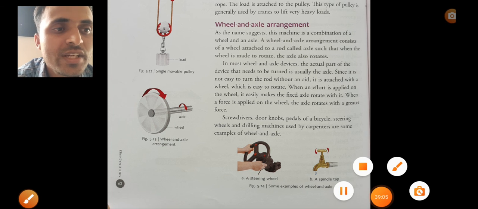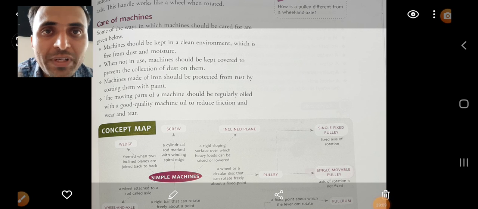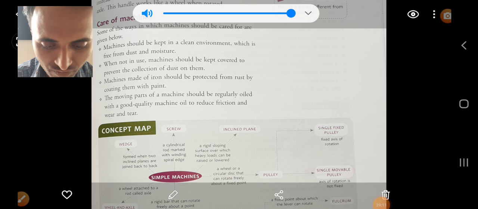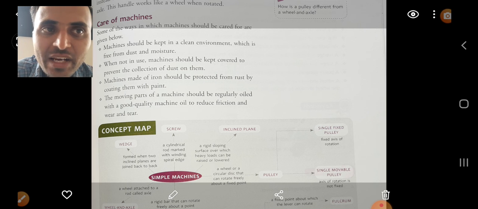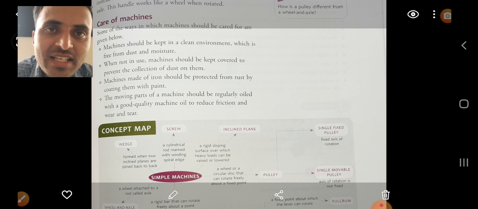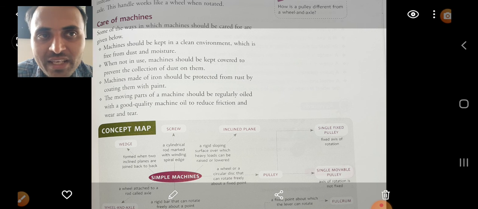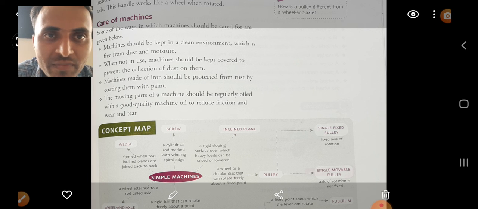Now see the next very important point, care of machines. What precautions do we have to take while we are operating any machine? First, machines should be kept in a clean environment which is free from dust and moisture. Second, when the machines are not in use, they should be kept covered to prevent the collection of dust on them.